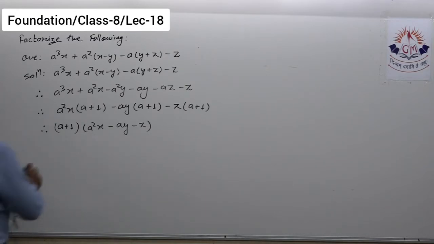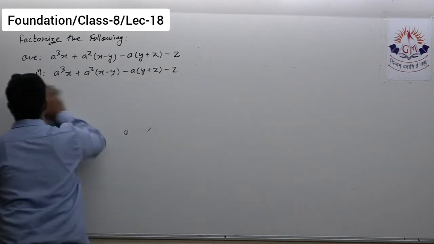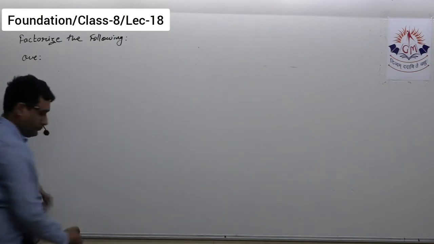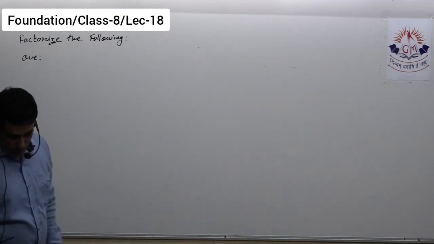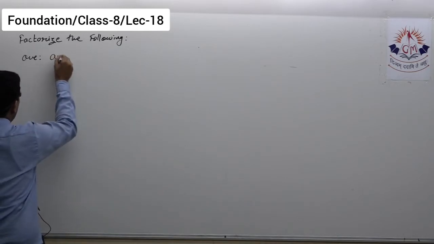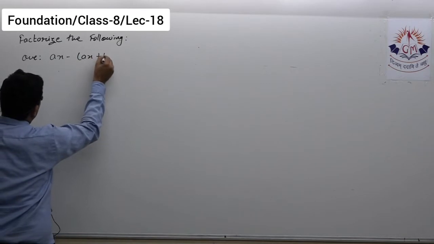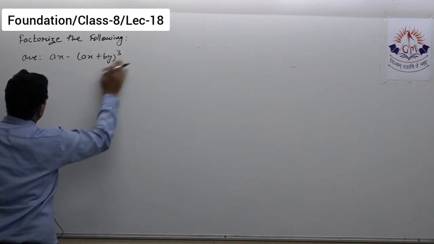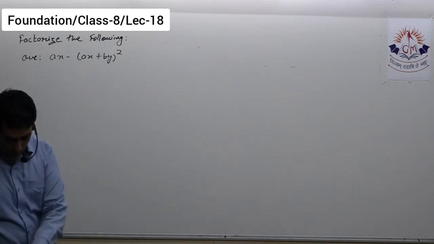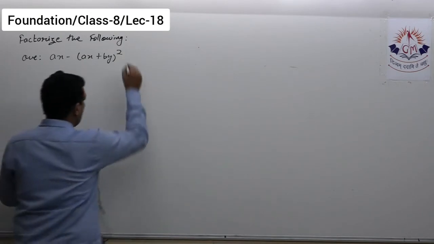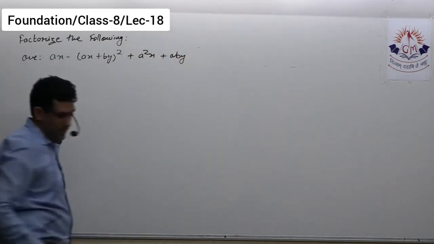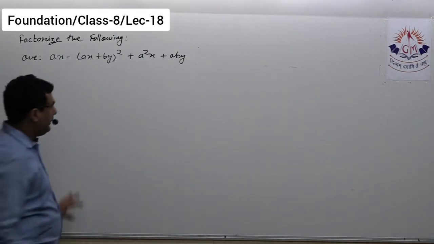Okay, now let us see the next question. Next question is ax minus (ax plus by) whole square plus a square x plus aby plus by.